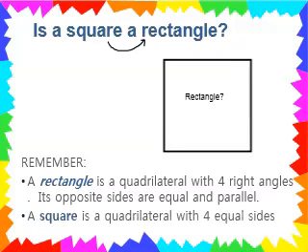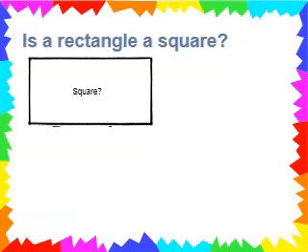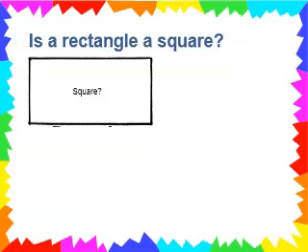And this actually works out with the square, because in a square the 4 sides are equal and the opposite sides are parallel, and it has 4 right angles. So what can we say? We can say that a square is a rectangle because the properties of a rectangle work out with the square.